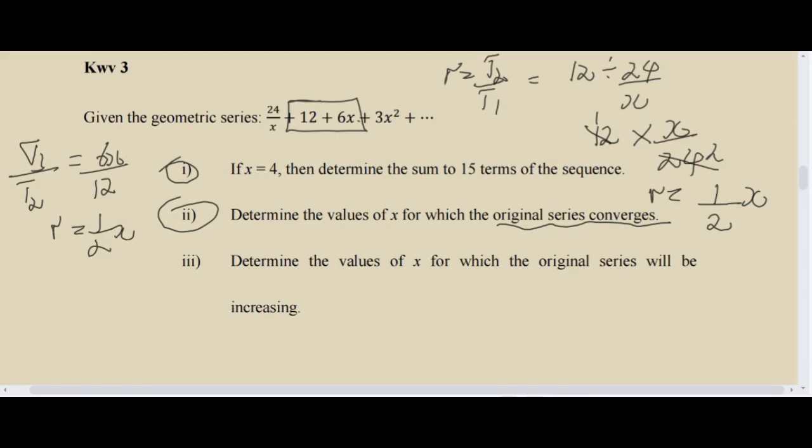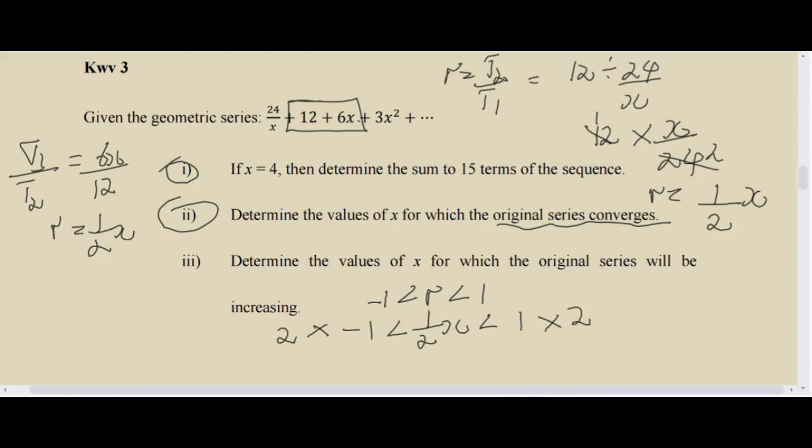Now if you have your r as half x, remember, in order for a series to converge, we said your r must be between -1 and 1. So r must be an element of -1 to +1. So what do we do at this point? You just say -1, then where there is r, substitute your r in terms of x, which is half x, and then we have 1. Now at this point you want to get rid of this 2. You can multiply both sides by 2.